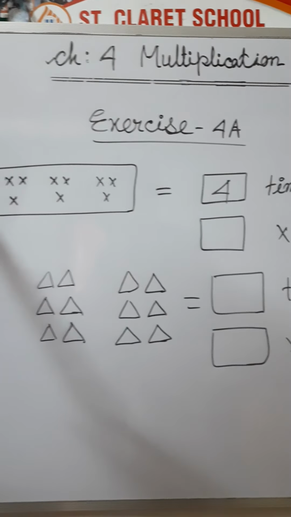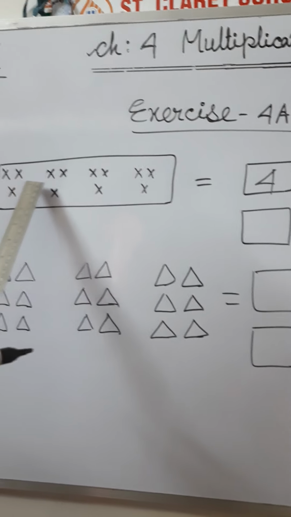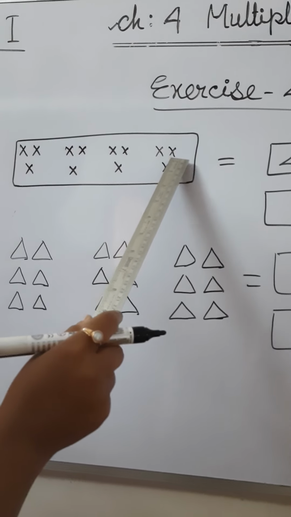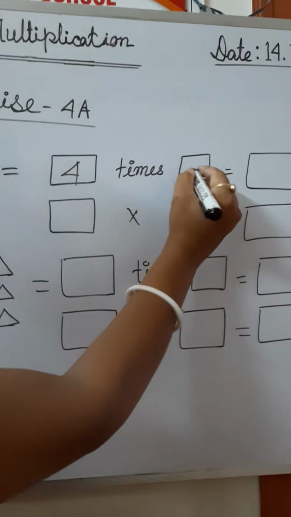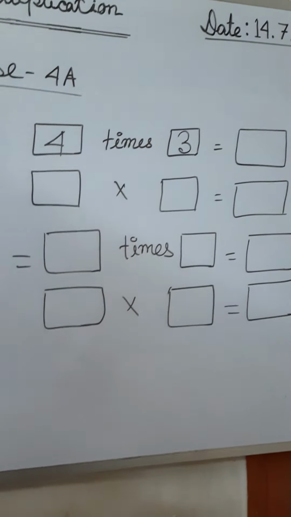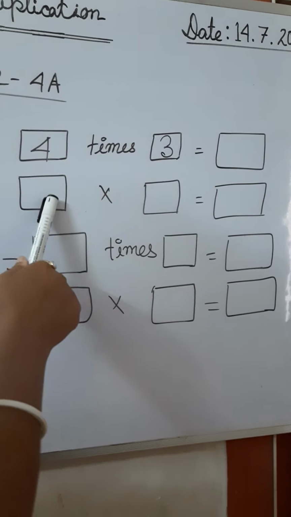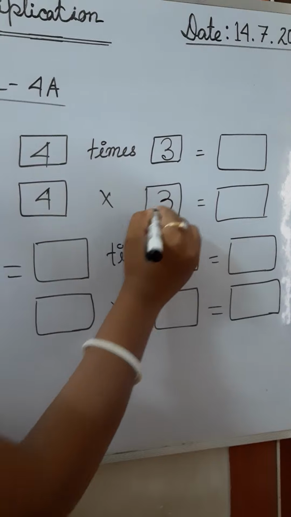Next we have to count how many are in each group. 1, 2, 3. And this group also 1, 2, 3. Here also 1, 2, 3, and 1, 2, 3. So we have to write 4 times 3. Here also we write 4 into 3.